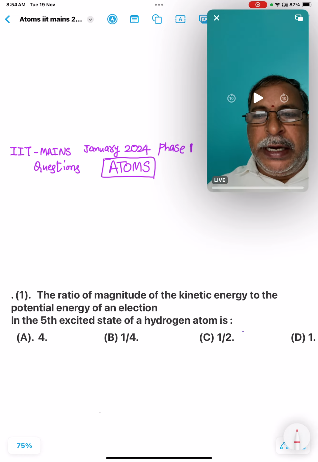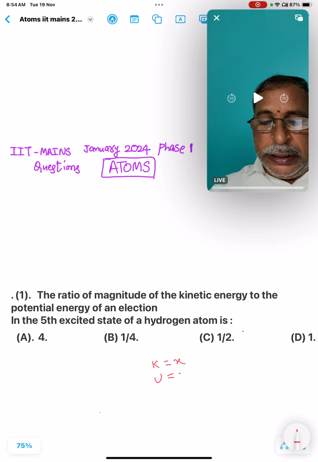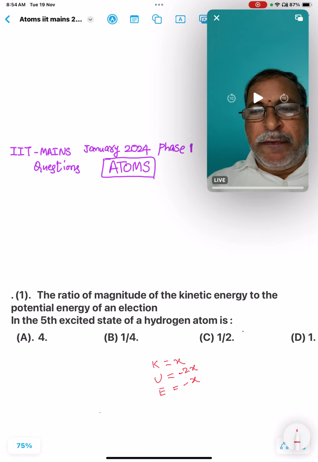Kinetic energy, suppose it is X. Potential energy U is minus 2X. And total energy E is equal to minus X.